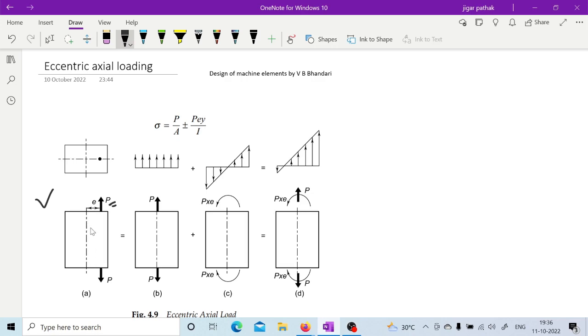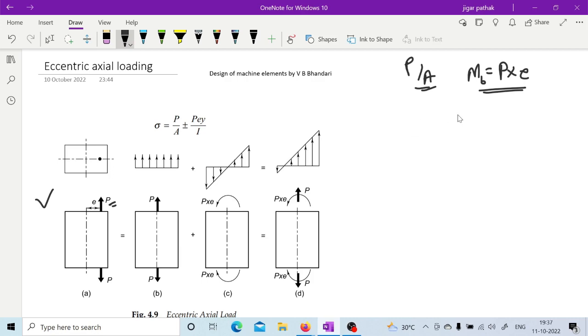In this case, this external force is going to generate the force P by A, but apart from this, it is also generating a moment, P into e.